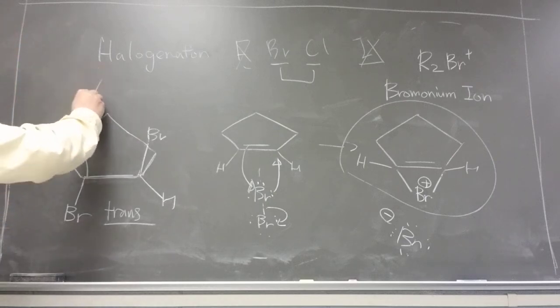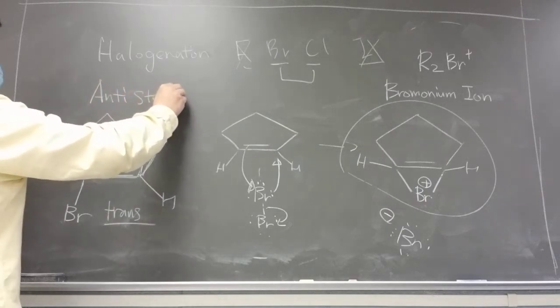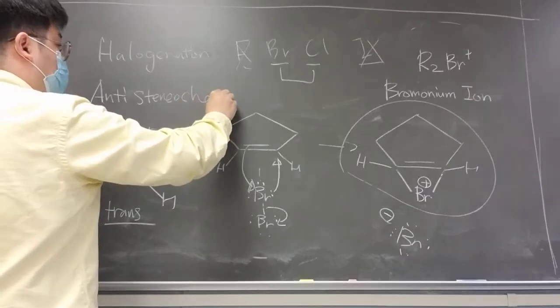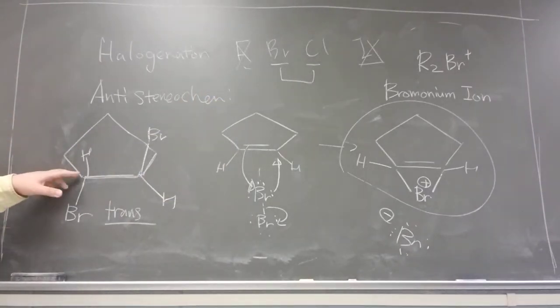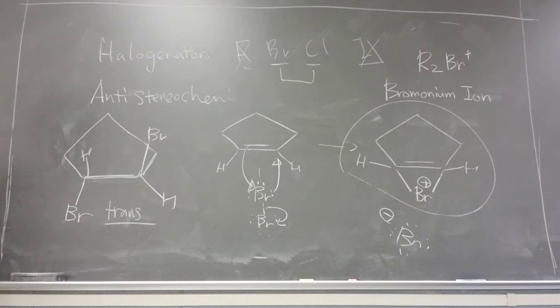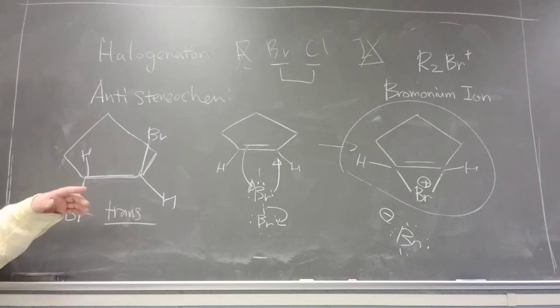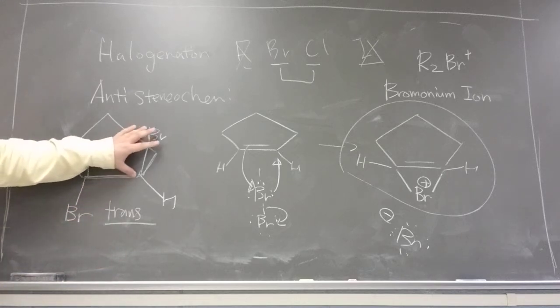So we call this anti-stereochemistry, because they're only going to be added onto this double bond on opposite positions, opposite faces. So this is why we have this anti addition here. Kind of makes sense so far? We good? Do you guys see why it's forming an anti-position?